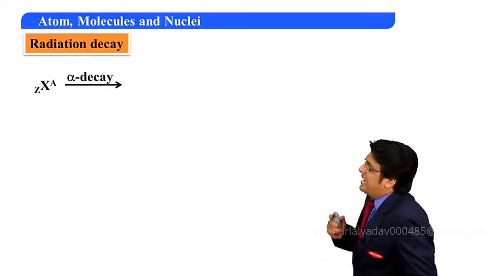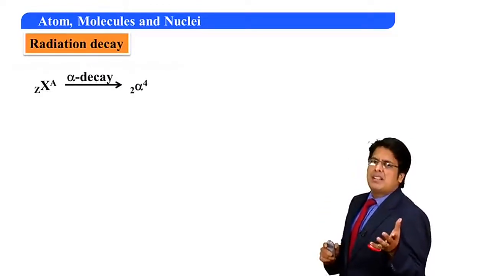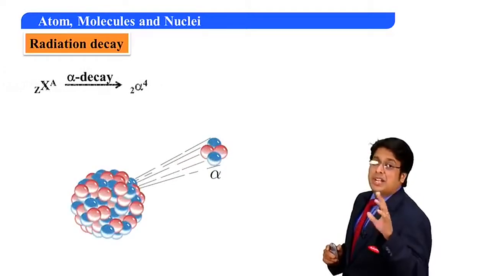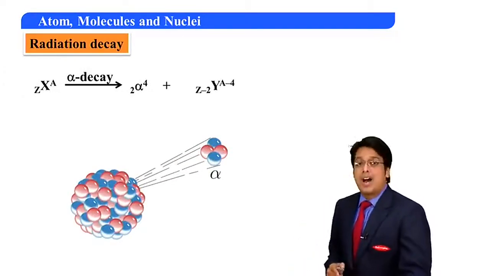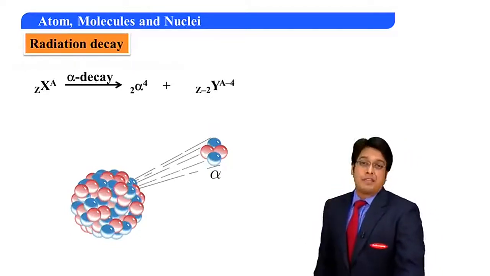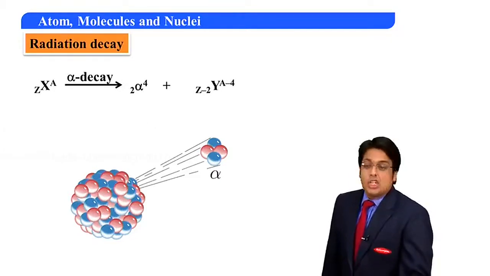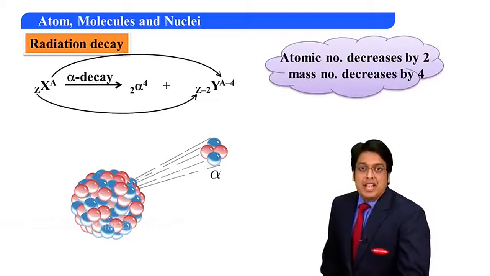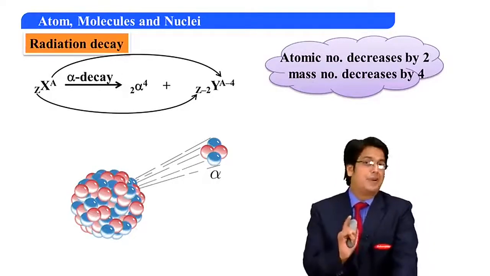Now, for radioactive decay, let's understand what happens in alpha decay. For example, an X having mass number A and atomic number Z, when it emits an alpha particle, that is 4 and 2, gives rise to a new nucleus Y, having 4 less nucleons and 2 less protons. So whenever an element emits an alpha particle, its mass number decreases by 4 and atomic number decreases by 2.